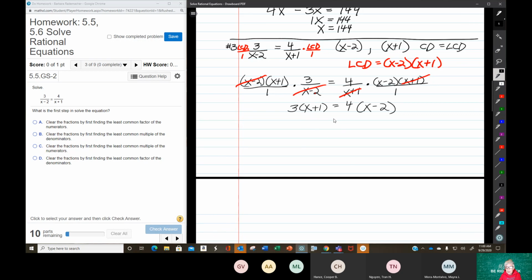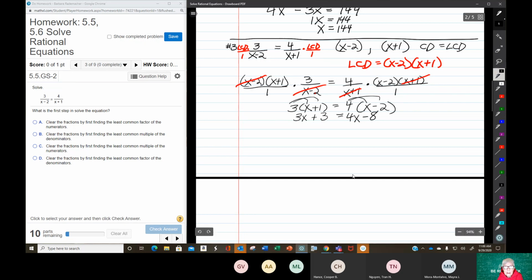And then I'm going to multiply the 3 by the x and the 3 by the 1, and the 4 by the x and the 4 by the minus 2. In other words, I'm going to distribute. So 3x plus 3 equals 4x minus 8.